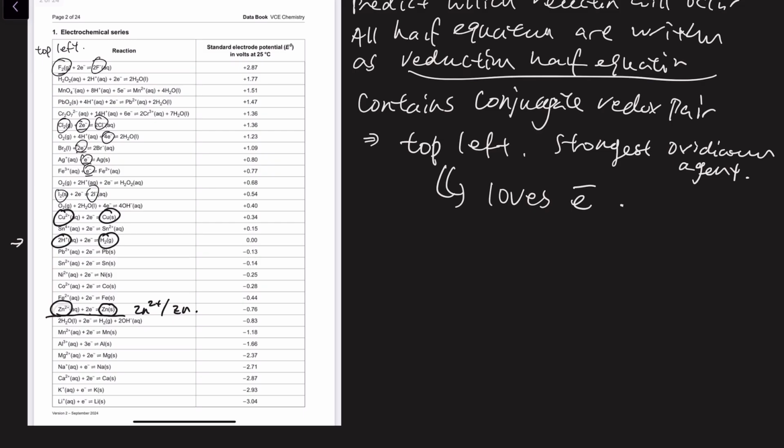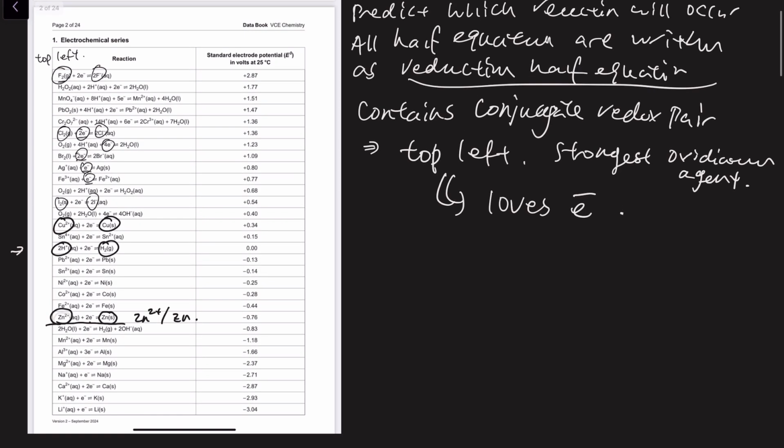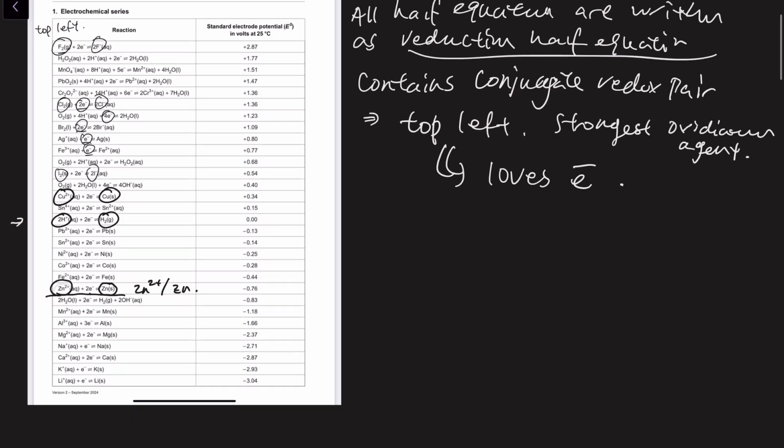So that's another insight you can get from looking at the electrochemical series. Everything actually has an opposite story. If its original form really wants to become the reduced form, then the reduced form really doesn't want to lose electrons anymore. Very interesting thing to note.